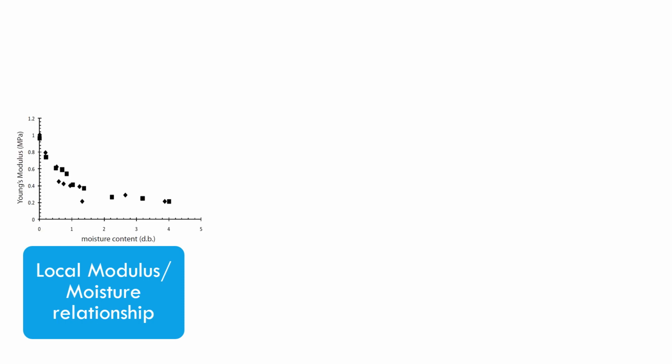How do we get that? We can take the French fry and take small strips from the French fry at different locations, and measure the local modulus versus moisture relationship. This is how it looks. This is the Young's modulus on the y-axis versus moisture content.